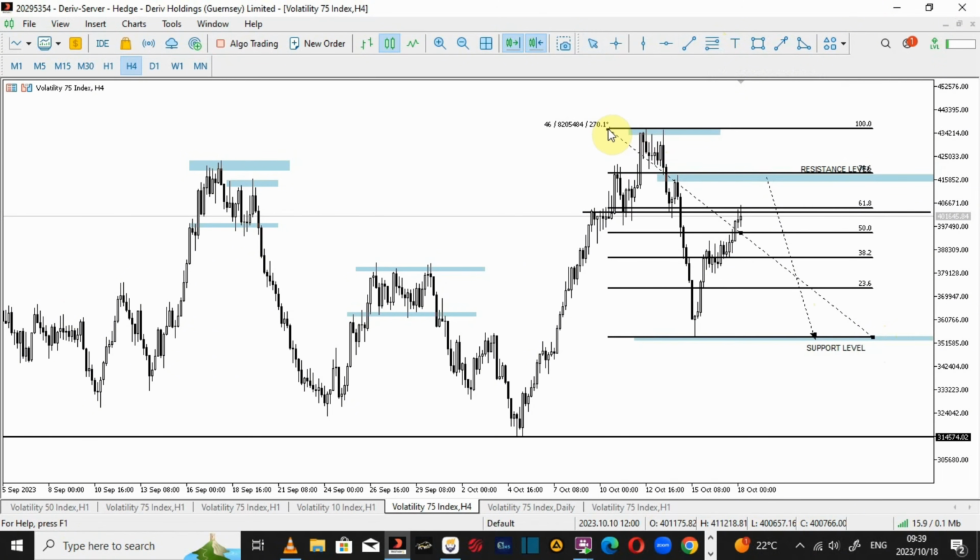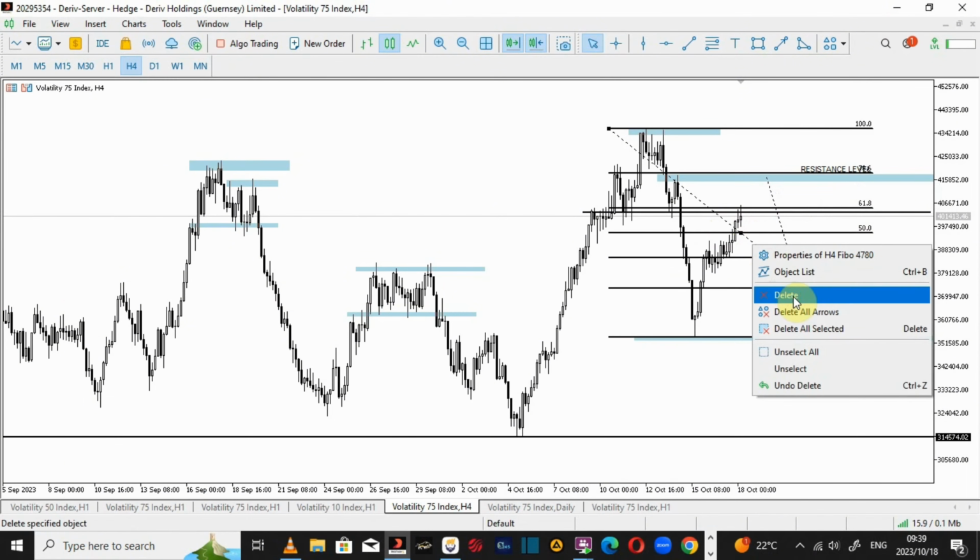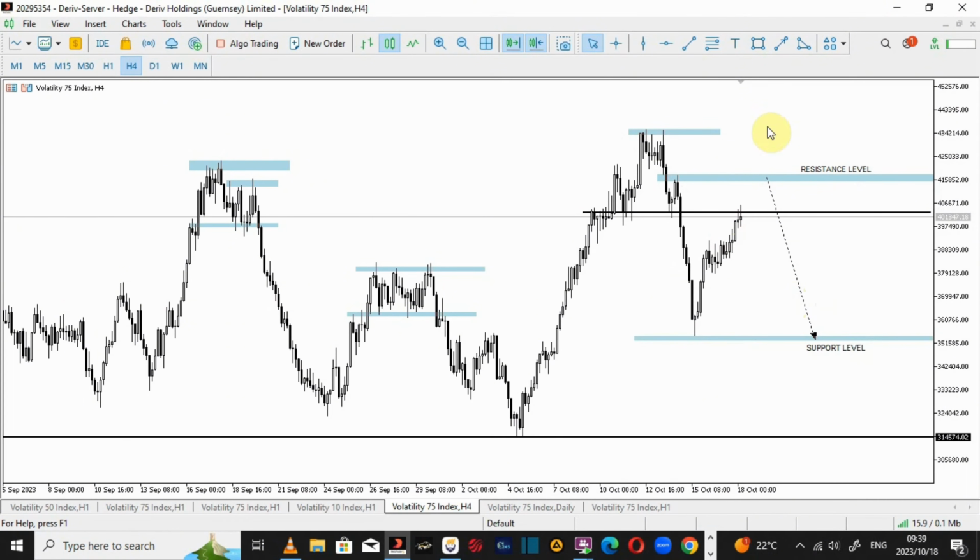And I've also used the Fibonacci just to give you a guide as well, because if I use the Fibonacci in this video, it's telling me that right at the resistance it's 78.6, which is a market turning point. So I'll explain more about the Fibonacci in our next video, so you can get to understand how to use the Fibonacci.